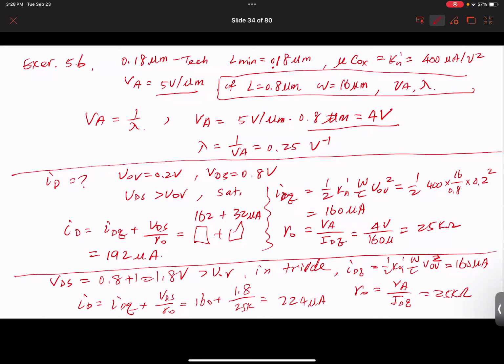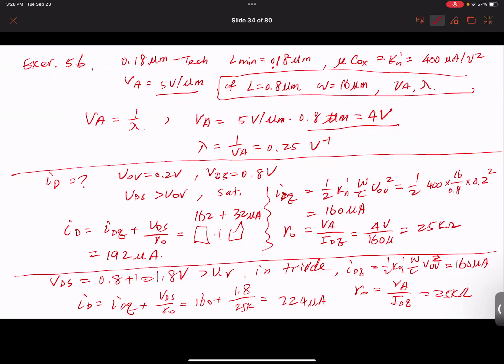The question asks about the increment. The increment will be 64, but the solution is 40. I think there's a mistake somewhere we might have made. I think probably it says increase to 1 volt instead of by 1 volt. If it's 1 volt, it will be 40.